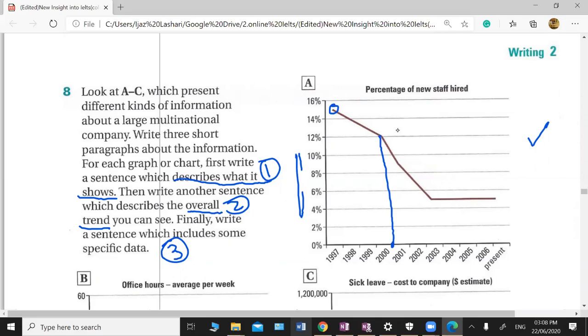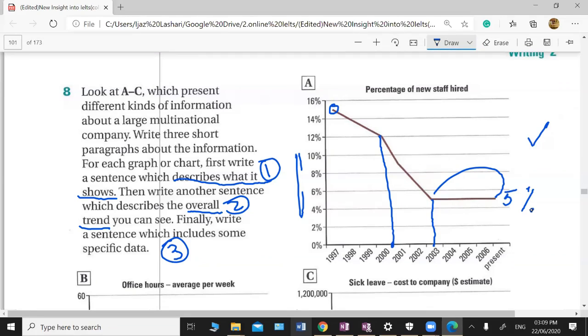From 2000 to 2003, it fell dramatically, and then from 2003 to the present, it stays at the same 5%. Here it is 5%, right?